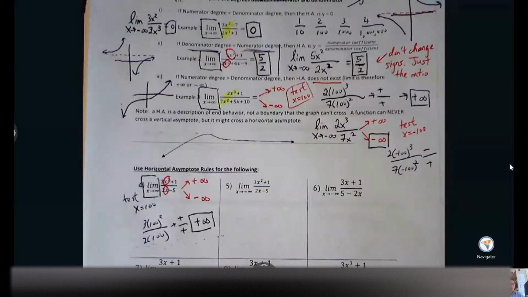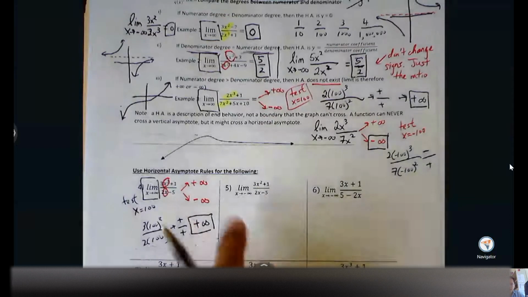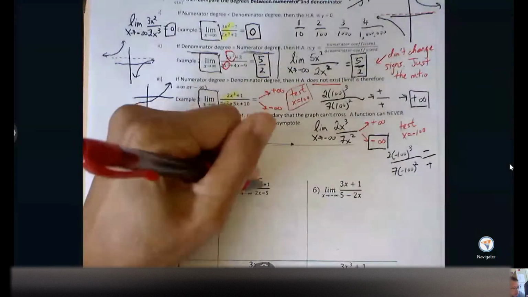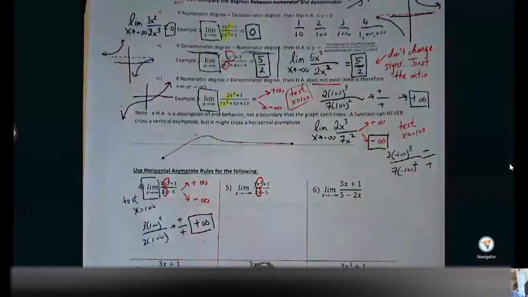Okay, limit as x approaches negative infinity. Compare degrees. Again, numerator wins out.